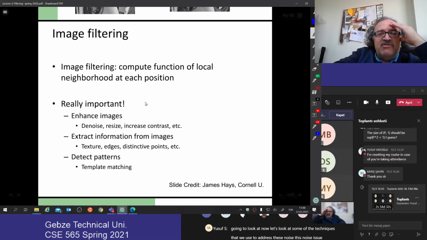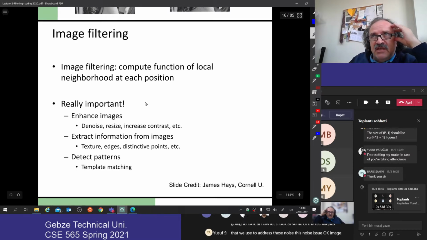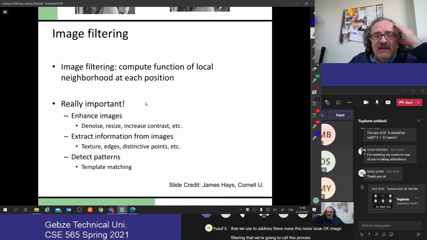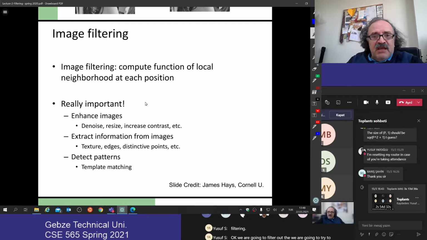We are going to call this process image filtering. We are going to try to filter out the noise that we have in the images. It's an important step, used for enhancing the images.